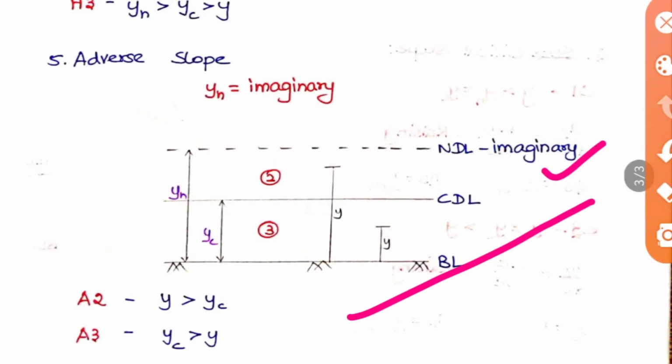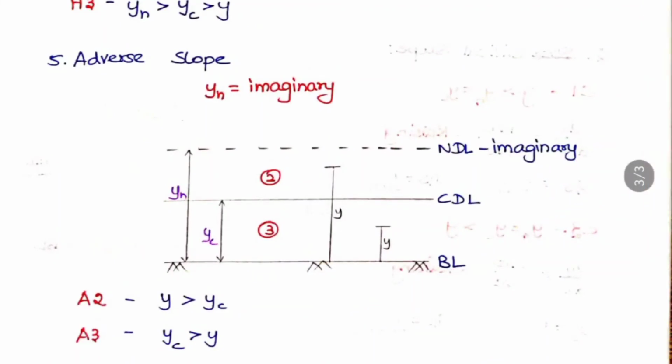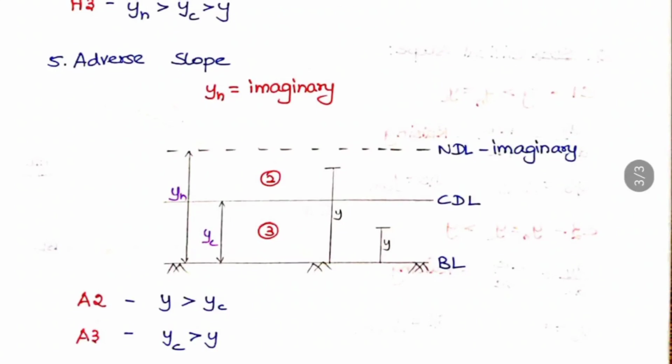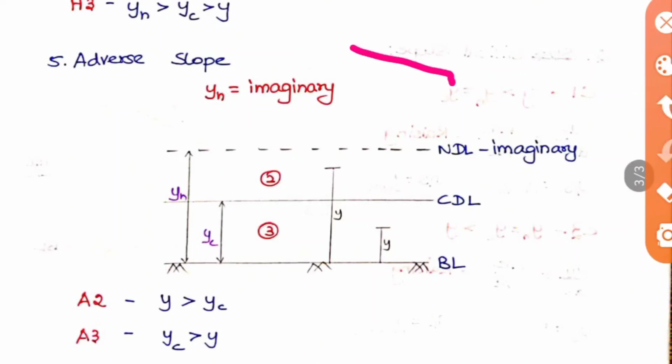And these are all about your different classification of slopes, and there is also a combination of slopes. Combination means any two profiles will be mixed. For example, if you take M2 and S2, M2 means what? It is a mild slope, so a mild slope will be provided here, like this, and S2 is your steep slope.